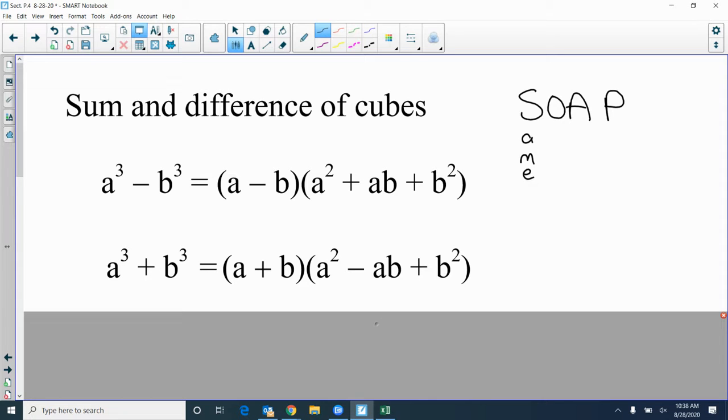Good. Opposite. Oh, that's an I there. If it's a minus, then it's a plus. If it's a plus, it's a minus. And the last is always positive. Always positive. Same sign as the original, opposite, just gonna flip it, and then the last sign is always positive.